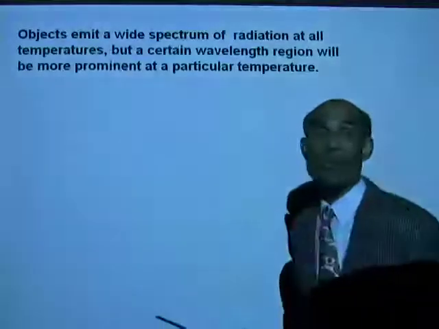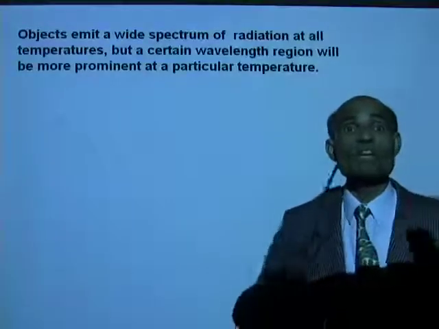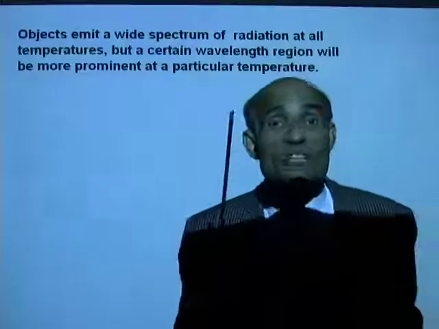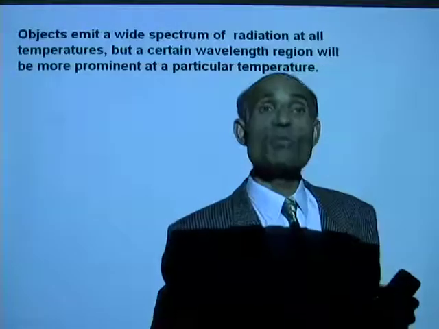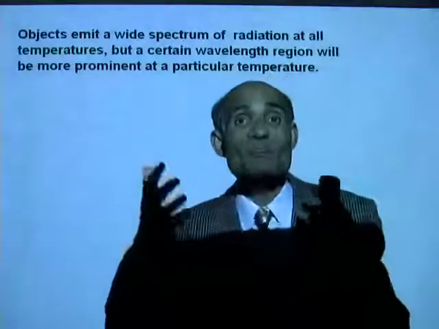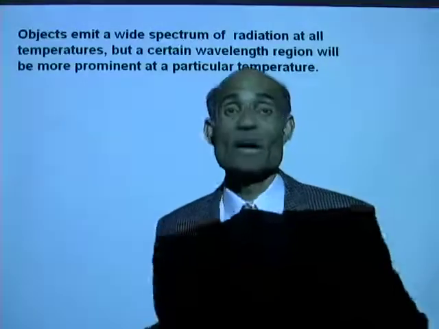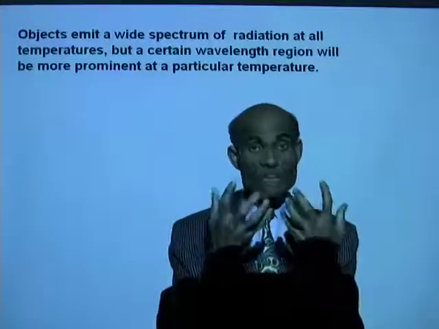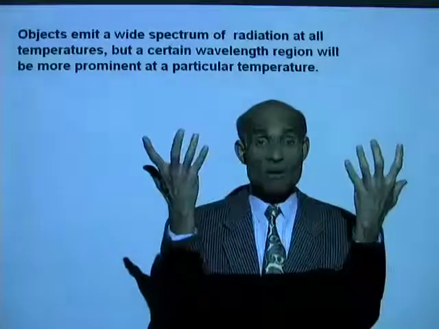Objects emit a wide spectrum of radiation at all temperatures, but a certain wavelength region will be prominent at a particular temperature. I told you that a human body will radiate infrared.